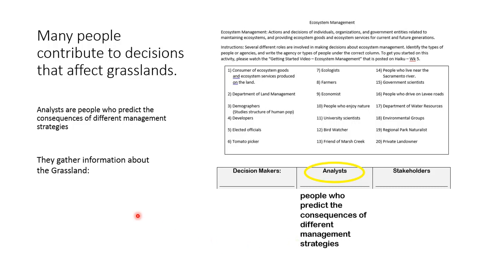And again, what they do is they gather information about the grasslands. They're usually the researchers and the scientists gathering information, and with that information they're able to predict the consequences of different management strategies that have been set up by management or decision makers. I'll give you a second to write that in. Stop the video if you need to.